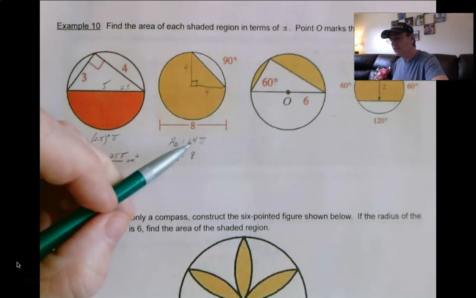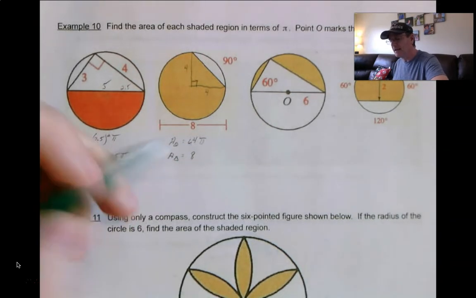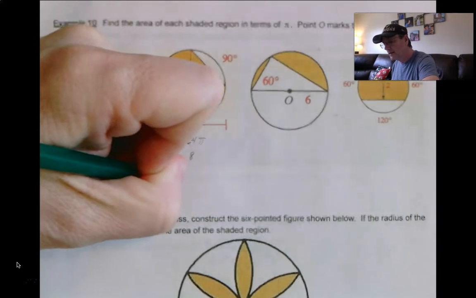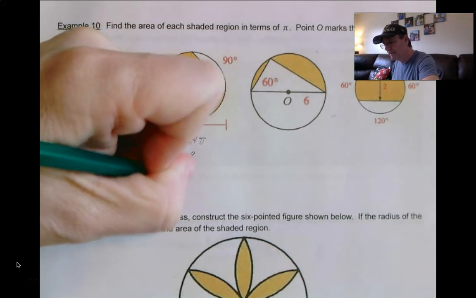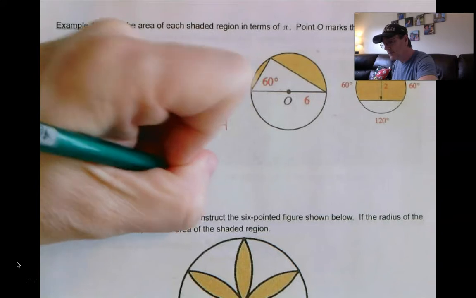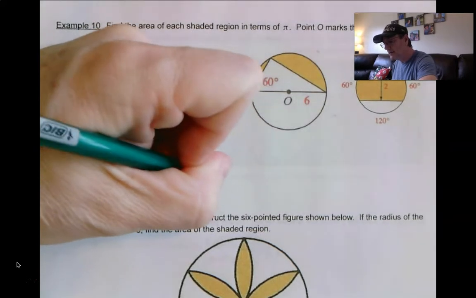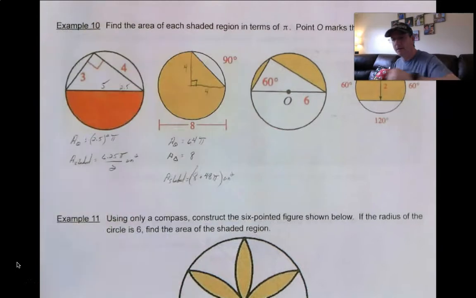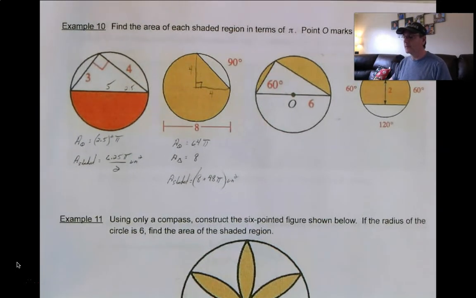So we're going to take 48 pi plus the 8. So the area of the shaded region is equal to 8 plus 48 pi units squared.